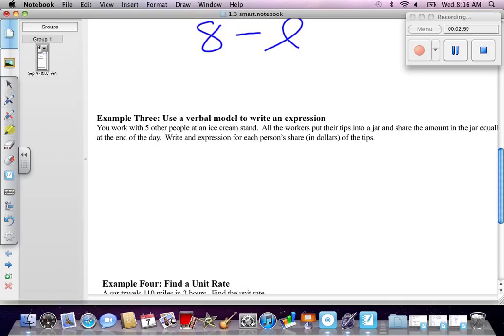Okay, you work with 5 other people at an ice cream stand. All the workers put their tips into a jar and share the amount in the jar equally at the end of the day. We're going to write an expression for each person's share in dollars of the tips. Okay, so we're going to make the dollars D. D is the amount of tips.